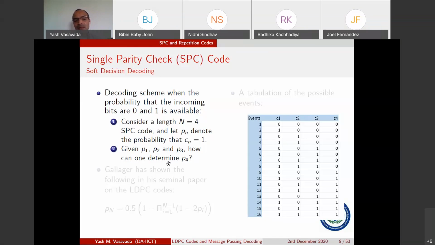The high-level answer is this: remember, this is the SPC code.